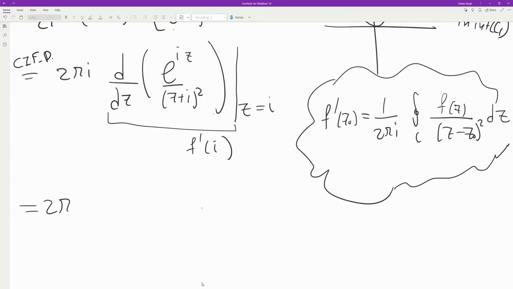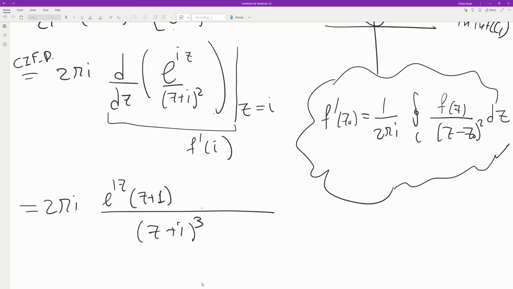So first you have to find the derivative. Let me write it for you. All right, so that's the derivative.